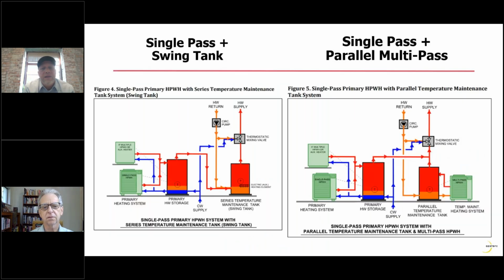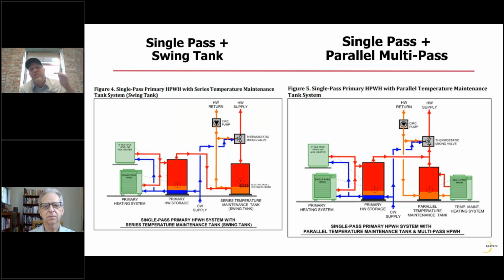Next. So we mentioned the single pass and the multi-pass. This one is really focused on the temperature maintenance, which I just mentioned, but you can set up a system as a swing tank type system. So you've got a primary storage feeding what we call a swing tank. The swing tank name comes from the temperature in that tank swinging up and down.